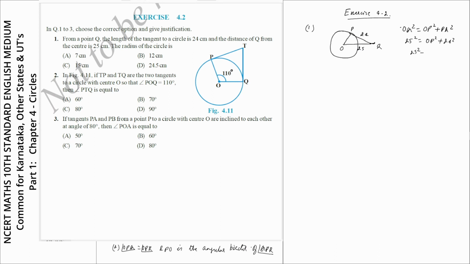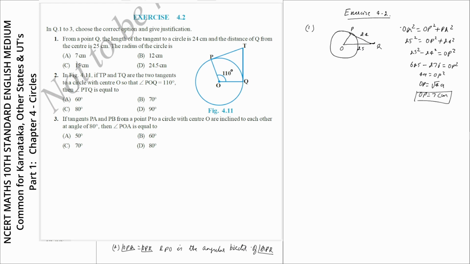So 25 square minus 24 square is equal to OP square. 25 square is 625 and 24 square is 576, so 49 is equal to OP square, or OP is equal to square root of 49. OP is equal to 7. So OP is 7 centimeters.